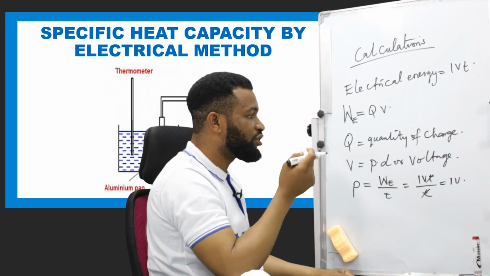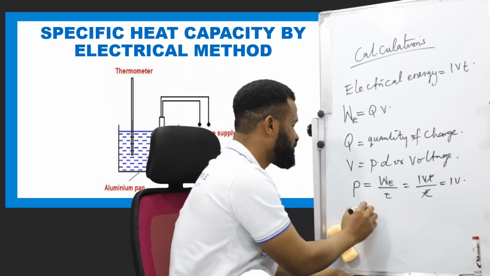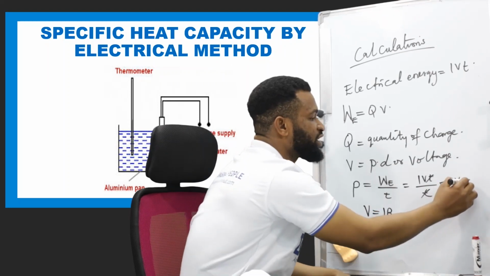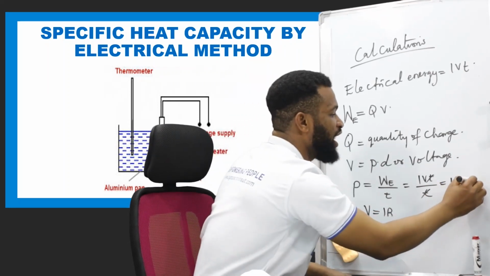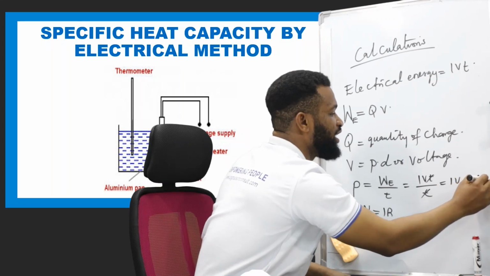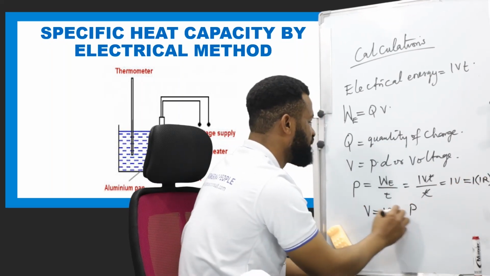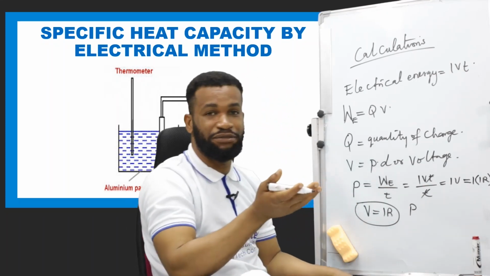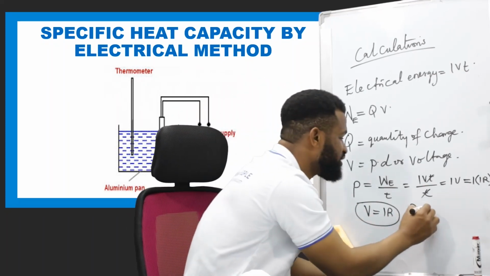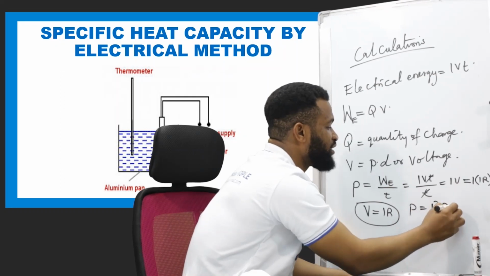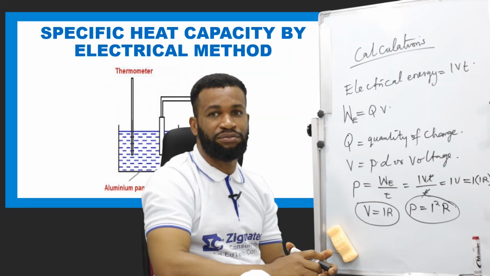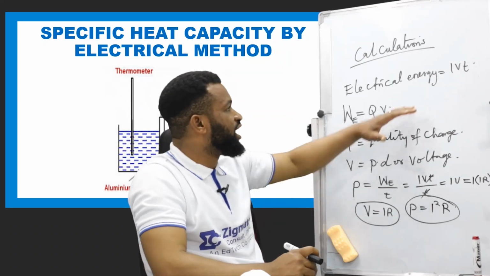However, according to Ohm's law, V is equal to IR. That means this can also be changed to I bracket IR, such that the electrical power is given as I squared R. Sometimes we call it the loss in electrical power.